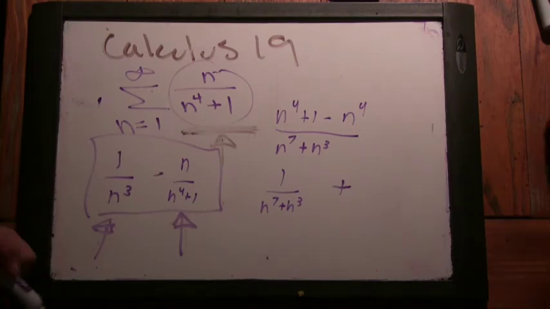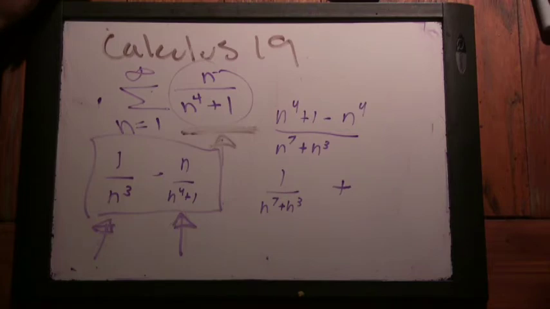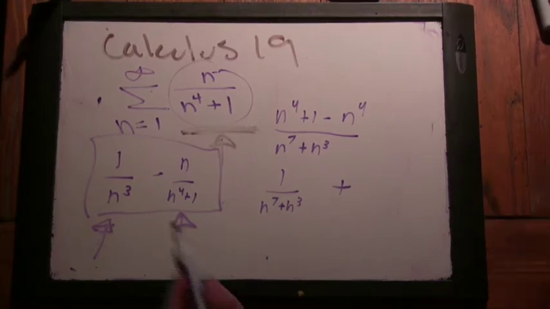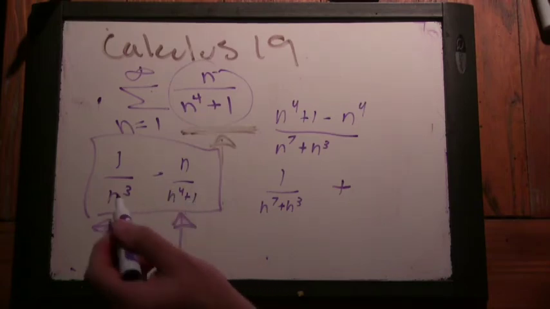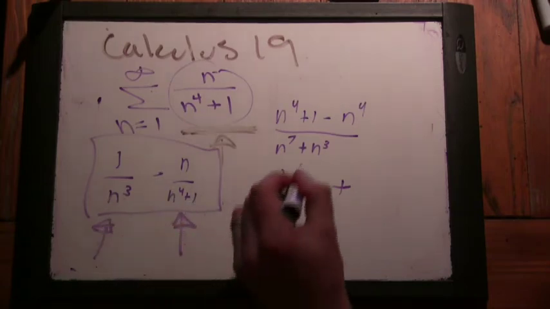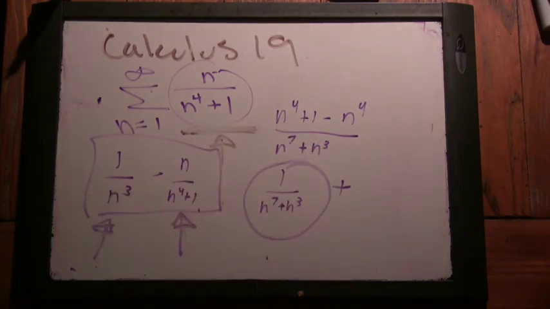Okay, so we found a nice series to compare this to. And it turned out that the series with this term converged. The difference between this term and this term was always positive, which meant this is always smaller than that one. And so we're good to go.